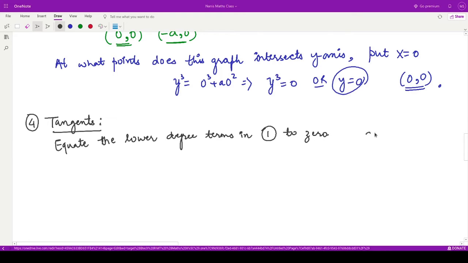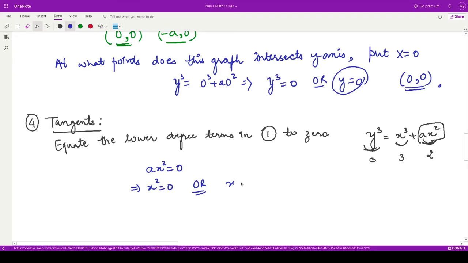So our equation was y cube is equal to x cube plus ax square. Now you see the degree for this particular term is 3, and for this particular term it is 2. So this is the lowest degree term available to us. So we will equate this term to 0. So this would give you x square is equal to 0, or you could write it as x is equal to 0 and x is equal to 0.